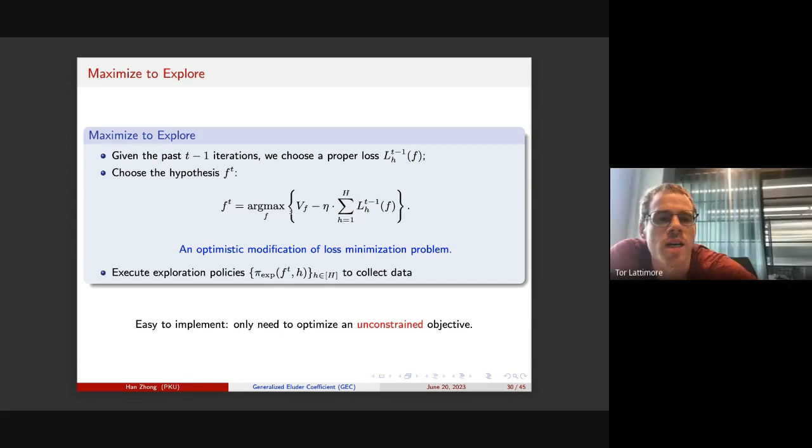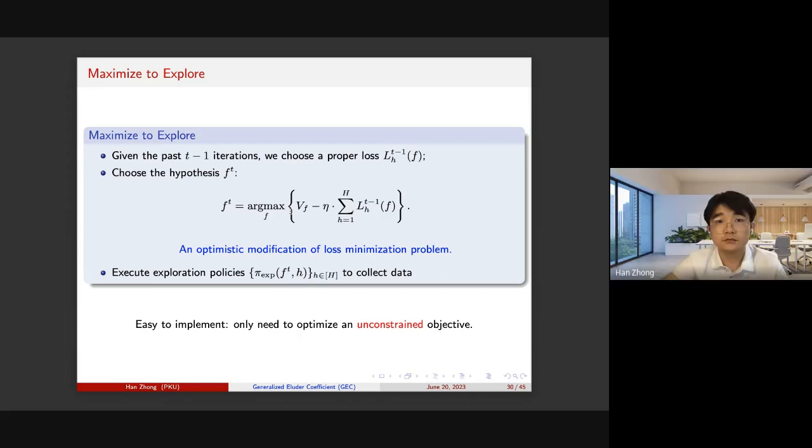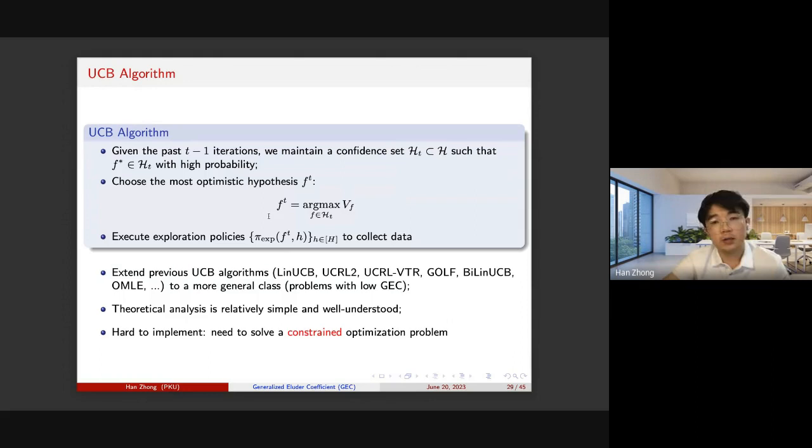And when you say this is unconstrained, I guess the F is still constrained to your hypothesis class, right? And you hope that it's nice enough that you can solve this problem. Yeah, that's right. But in practice, for example, if the hypothesis is a neural network, the main problem is that it's hard to construct a confidence set and solve this problem.